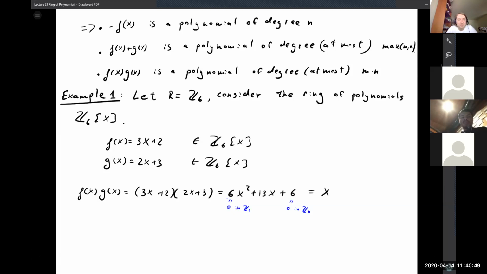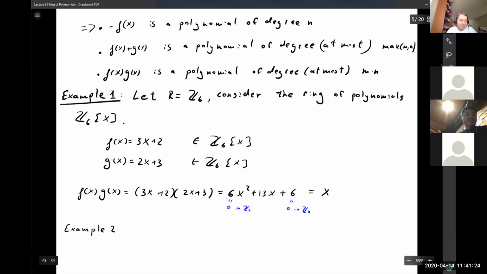So we take two polynomials of degree 2, we multiply them out, and we get a polynomial of degree 1. Okay, so this is what can happen when our ground ring R has zero divisors. The leading term canceled here. Even better, polynomials can sometimes have inverses in the ring of polynomials.